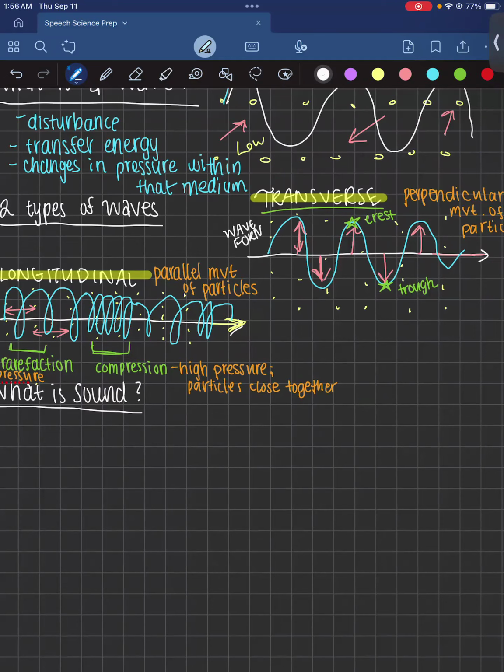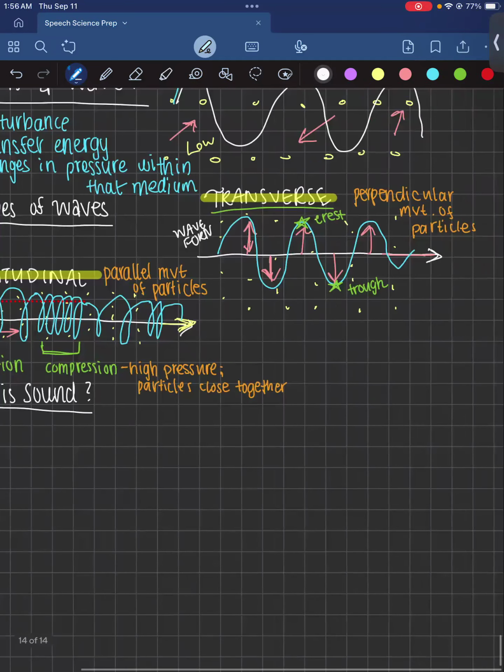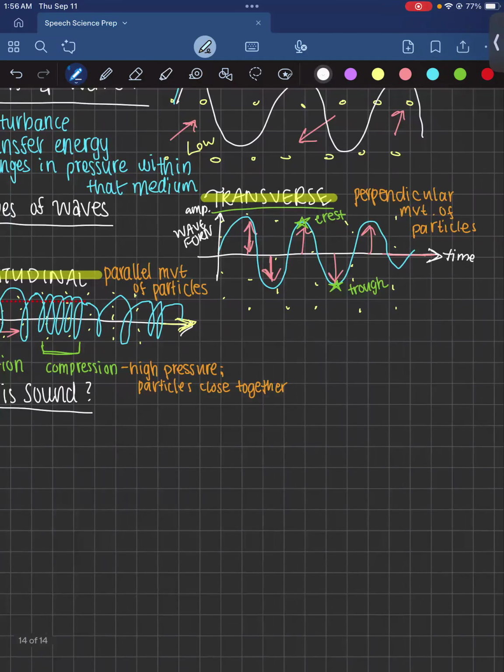This drawing is a waveform where this line right here, the x-axis, represents time, and on the y-axis we have amplitude. And so both transverse and longitudinal waves can be represented with a waveform, but the main difference is that if we're talking about longitudinal waves, when it's drawn in this waveform, it looks the same, but these peaks will be called compression.